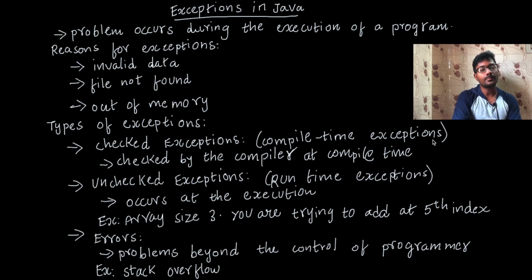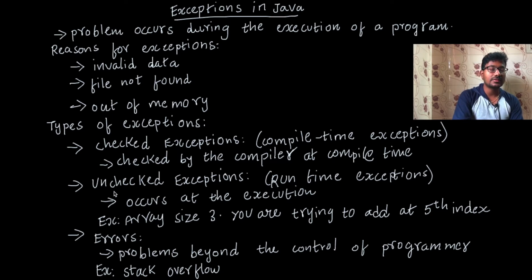We know before the exception actually occurs, so it is checked by the compiler at compile time. If your fragment of code has some problems, the compiler will tell you that this fragment of code would cause some problems, so please try to handle them.